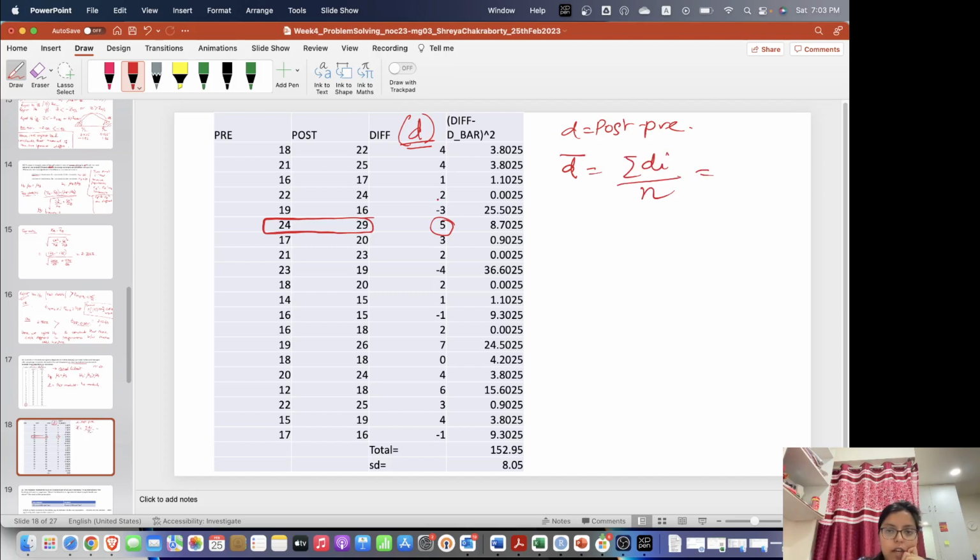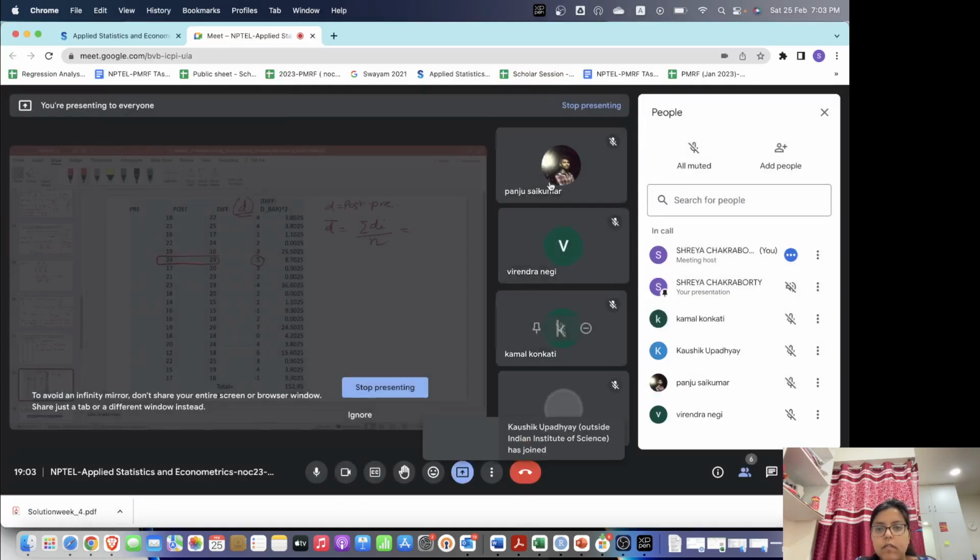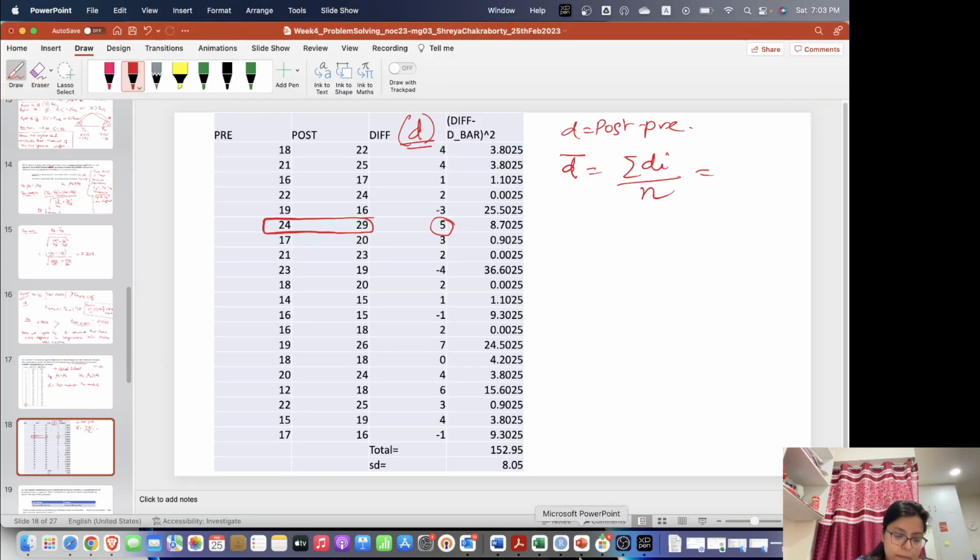If we add all of these, what will the total be? This comes out to be 41. So D bar is 41 divided by 20, which is 2.05.